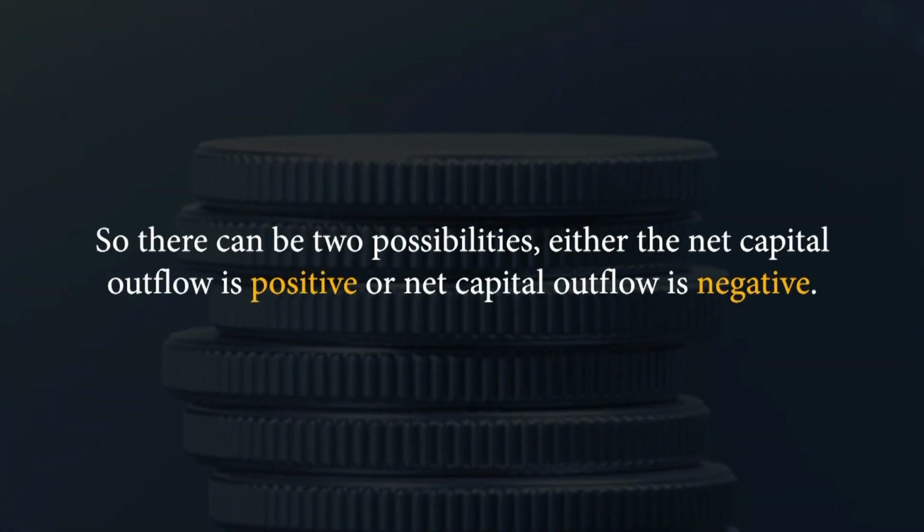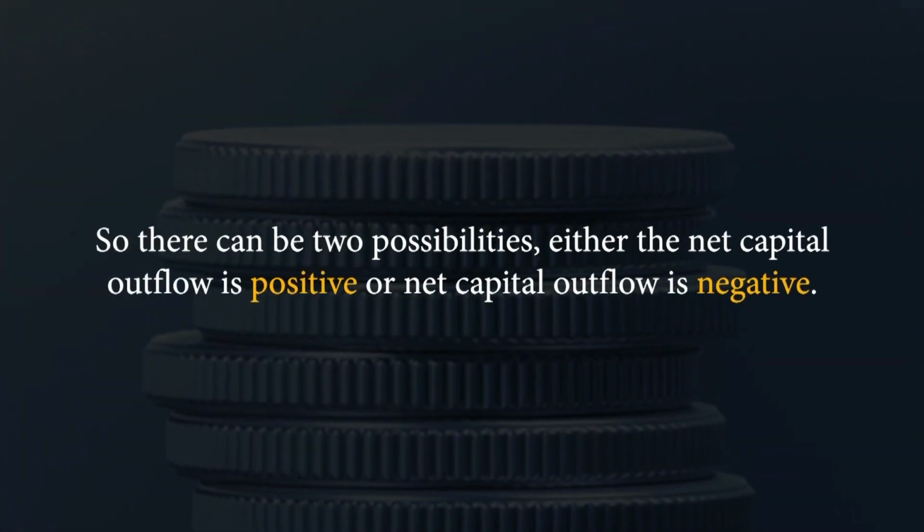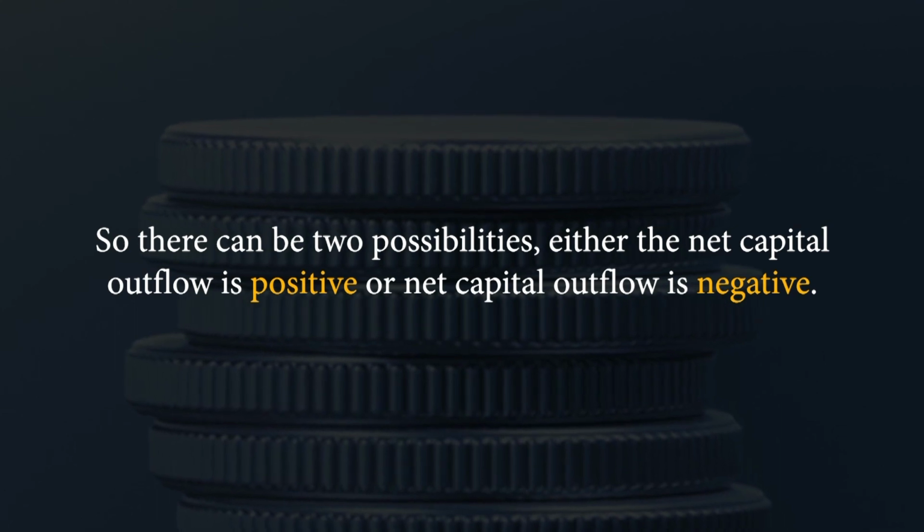On the other hand, negative means foreign purchase of domestic assets. If the domestic assets are gradually taken over by the MNCs, then basically the outflow will be more, and in terms of this, the foreign exchange has to be drained out rather than domestic purchase of foreign assets. So there can be two possibilities, either the net capital outflow is positive or net capital outflow is negative.